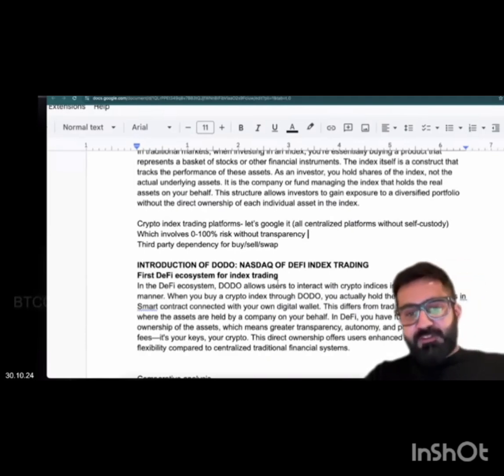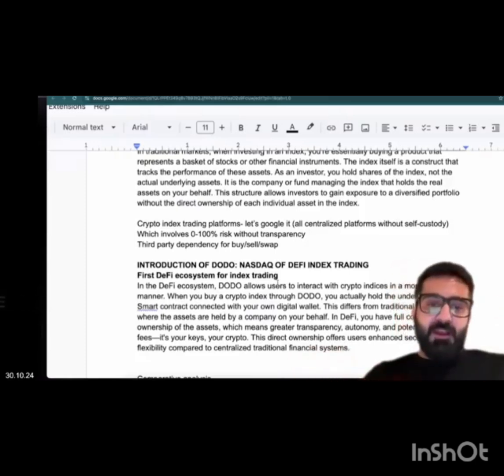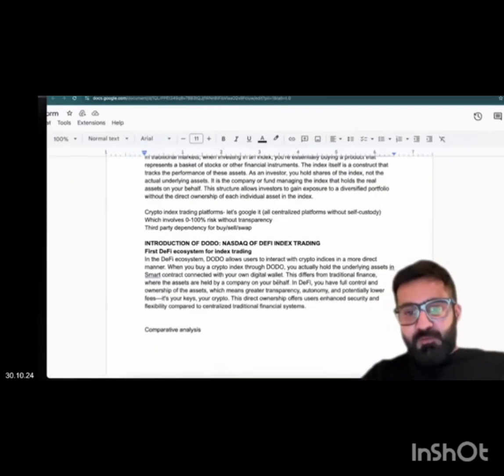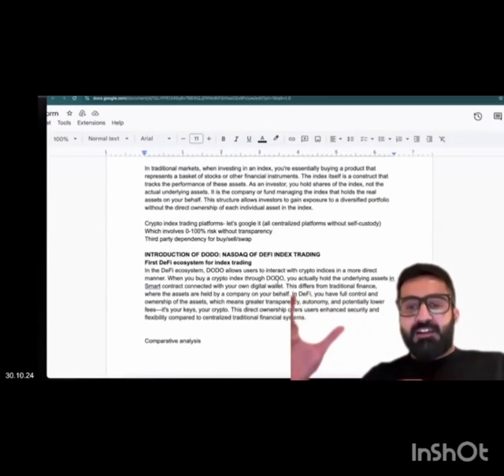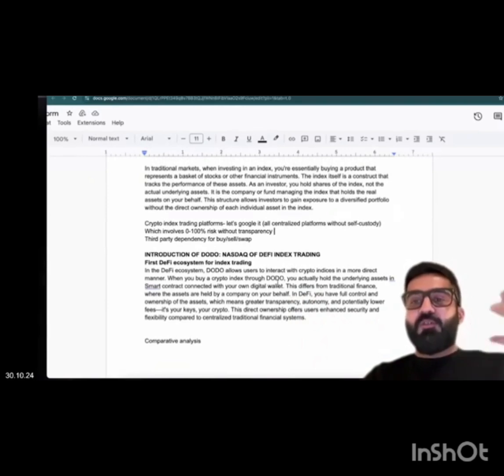So in the DeFi ecosystem, Dodo allows users to interact with crypto indices in a more direct manner. So when you buy a crypto index through Dodo, you actually hold the underlying assets in the smart contract which are connected to your own wallet. This differs from traditional finance where assets are held by a company on your behalf.